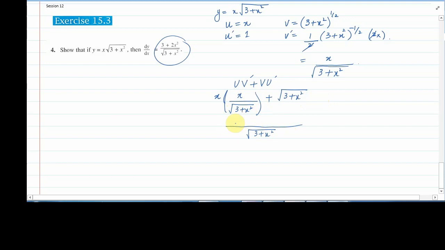If you multiply the two brackets, it will be x square plus under root 3 plus x square multiply with under root 3 plus x square equals to 3 plus x square. Root cancels, right? So now it will be 3 plus x square. X square plus x square, it will be 2x square, 3 as it is, divided by under root of 3 plus x square. So you need to show the same. You got your answer, and that is equals to dy by dx.